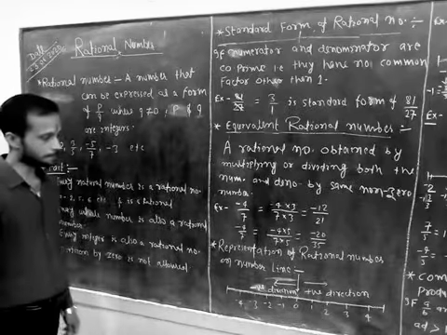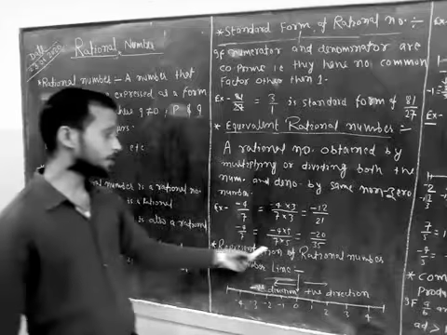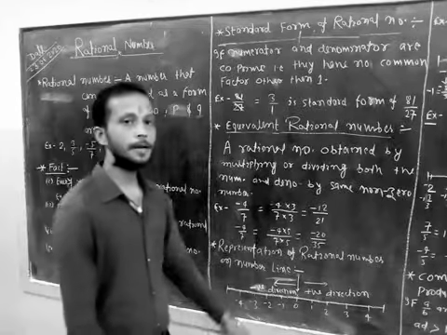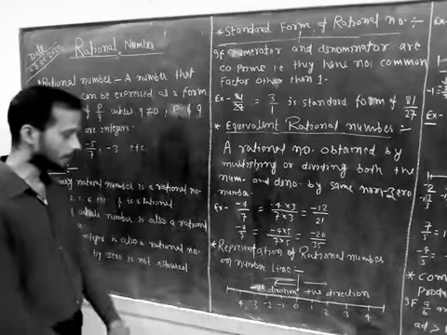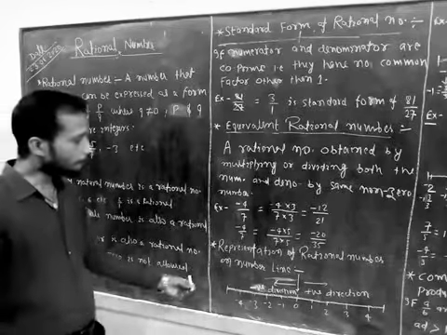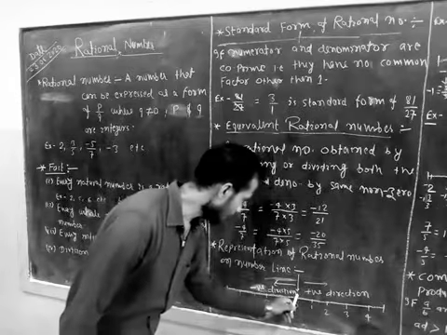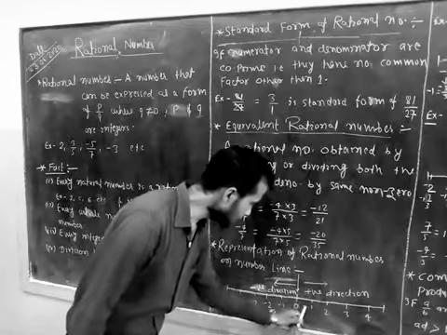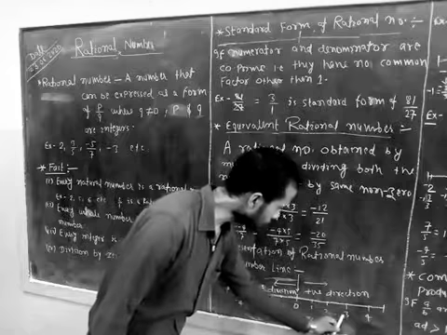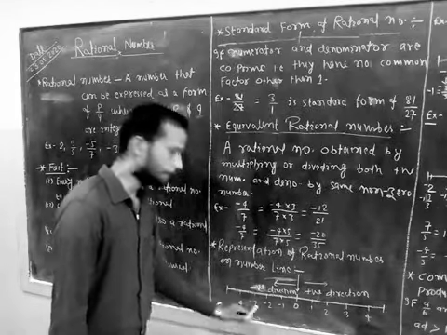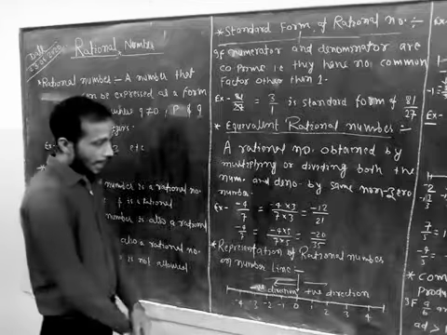Next, representation of rational numbers on the number line. Minus 1, minus 2, minus 3, minus 4.